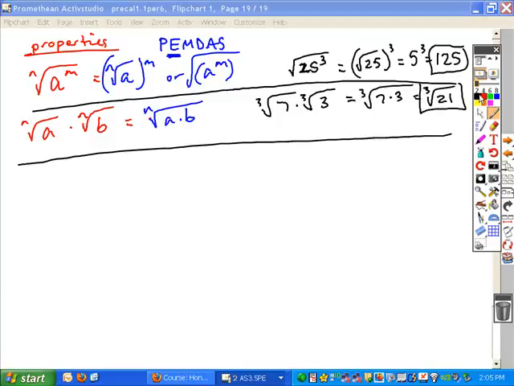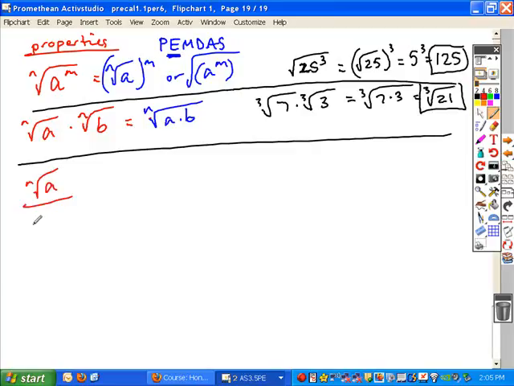The same property holds true with division of 2 numbers with the same index. So the nth root of a over the nth root of b, as long as the indices are the same, you can combine them into one single fraction. That fraction will have the common index applied to the entire thing. A over b will be contained within that radical.